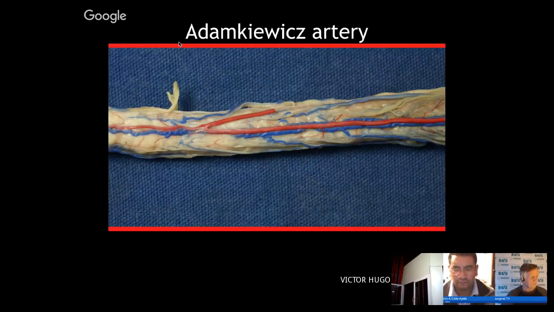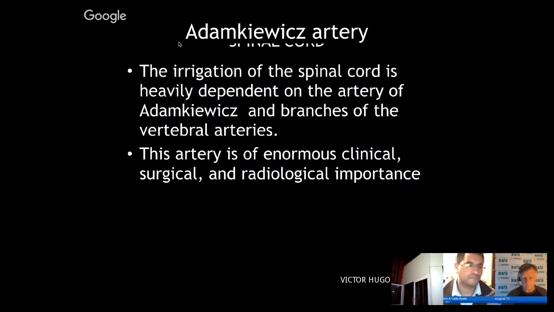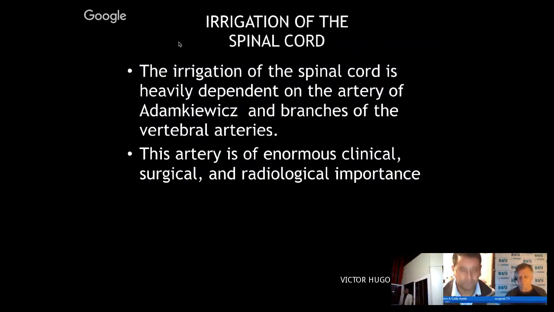This is the principal artery that gives rise to the vascularization of the lumbosacral segment of the spinal cord. The irrigation of the spinal cord is heavily dependent on the artery of Adamkiewicz and branches of the vertebral arteries. This artery is of enormous clinical, surgical, and radiological importance.